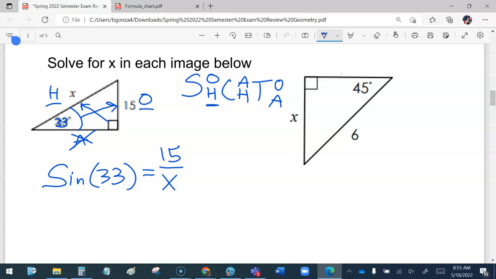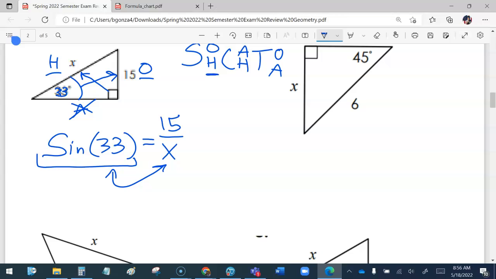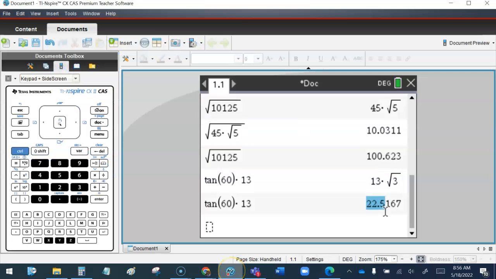Now, if you remember, when X is on the bottom, you have to switch the bottom with this whole side. Switcheroo. Okay, that was our trick. So X goes to the left, 15 stays on top, and on the bottom is sine 33. So let's type in 15 over sine 33.